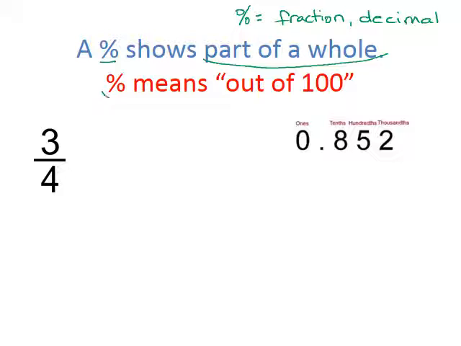And the actual word percent, P-E-R-C-E-N-T, this is actually a French expression. Per means out of, or for each. And cent is a French number.